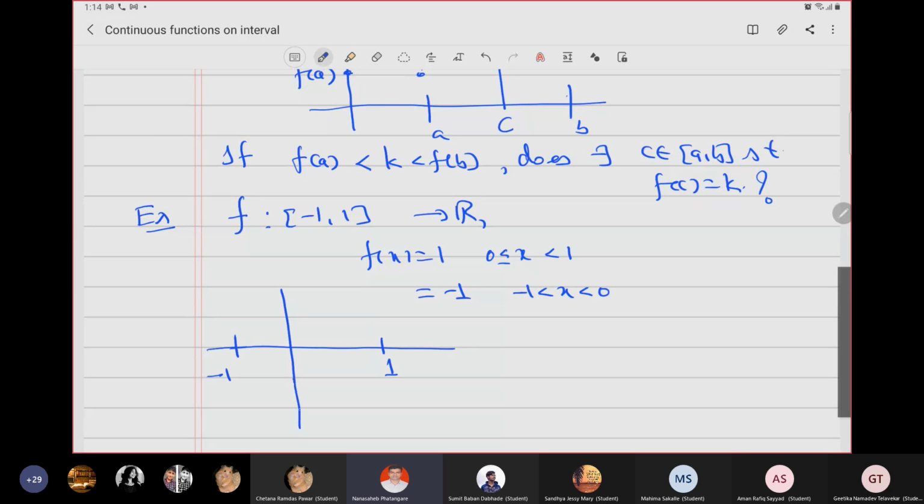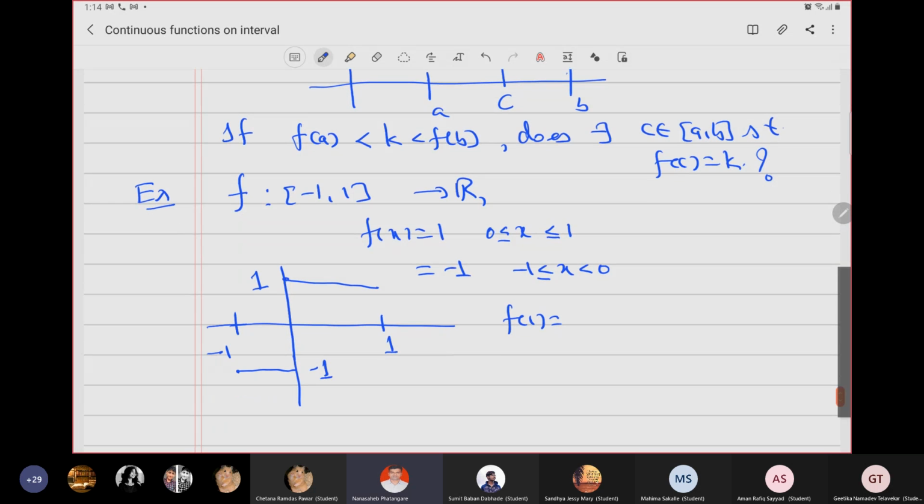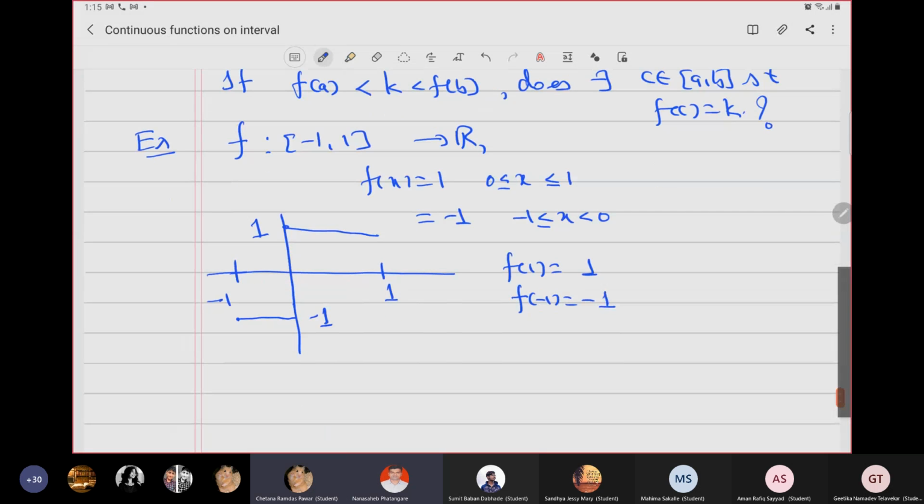From -1 to 0 the function is -1, and from 0 to 1 the function is 1, right? So what is f of 1? I have defined it at 1 to be 1. And what is the value of the function at -1? It is -1.